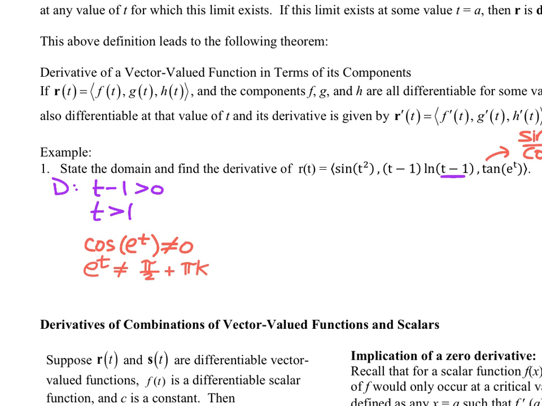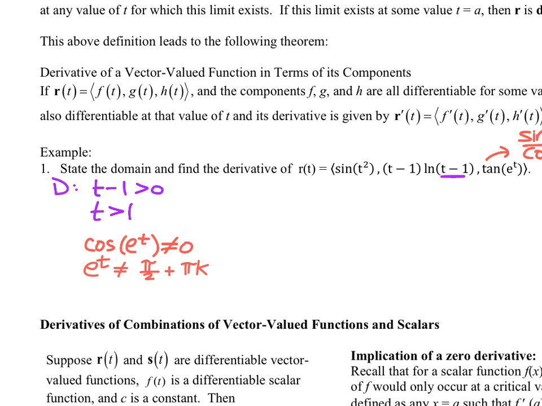All right. But I still need to know what t can be, not what e to the t can be. All right. How can I release that t from the captivity of the exponent of e?